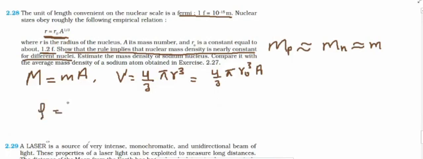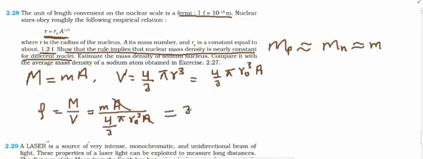Density is equal to mass by volume, which is small m into A, the mass of each nucleon into the mass number, divided by 4 by 3 pi r naught cube A. Now I cancel A, so that you will get 3m divided by 4 pi r naught cube. Look at this equation.